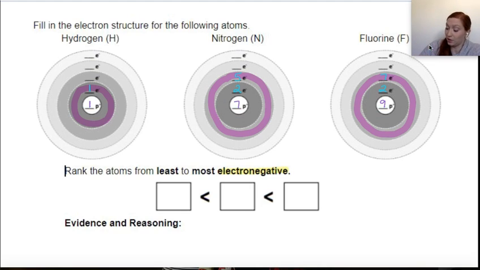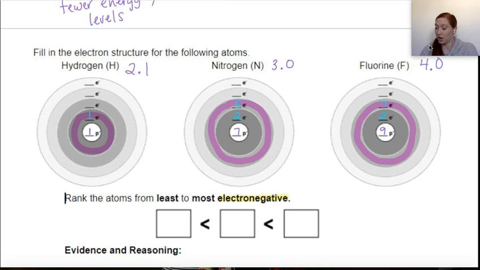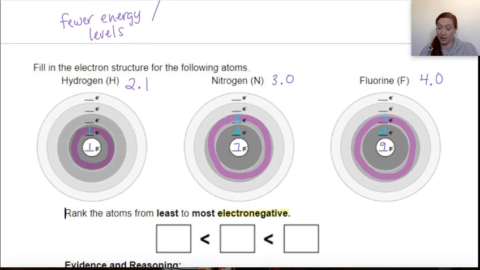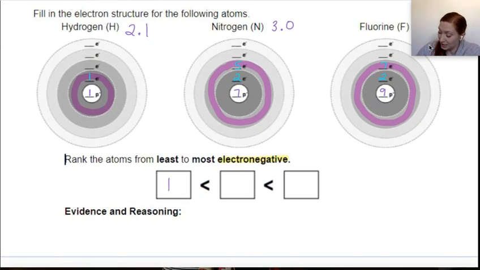I'm going to go ahead and look these values up. Hydrogen is 2.1 for its electronegativity, nitrogen 3.0, and fluorine 4.0. So these are actually in the correct order already. So I'm going to go ahead and place these here, and then we'll talk about the reasons why.